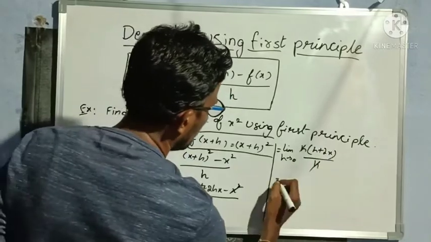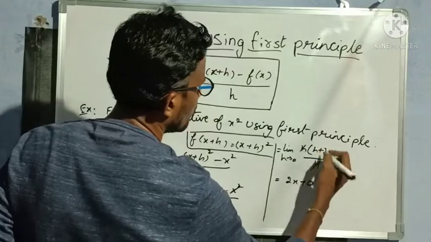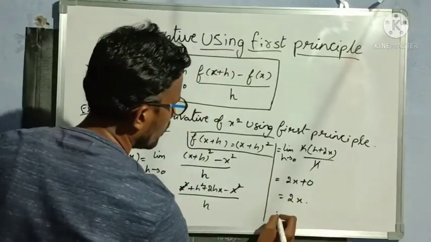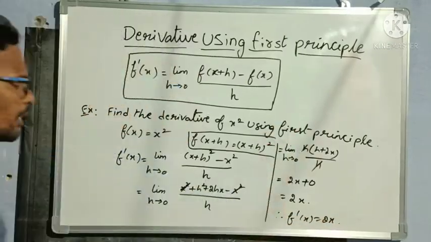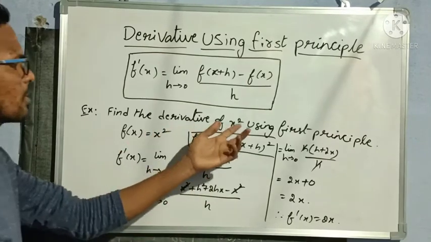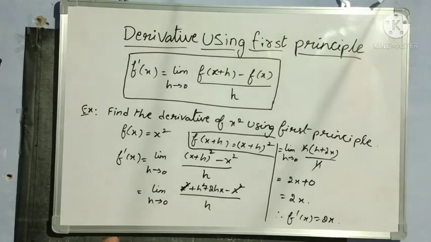If I apply the limit, I get 2x plus, instead of h, 0. So 2x plus 0 is nothing but 2x. Therefore f dash x is equal to 2x. Understood? This is how we are finding the derivative of x square using first principle. I hope everybody understood.